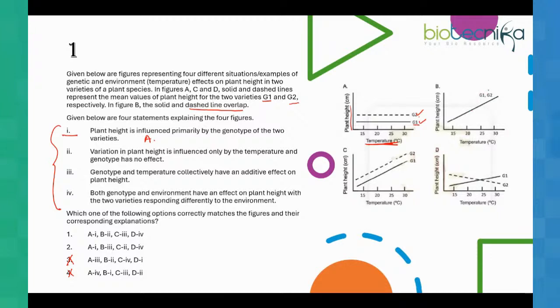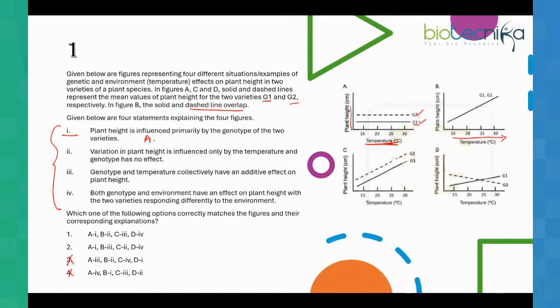G1 and G2 are different genotypes, but the graph is the same, meaning they are producing the same plant height. But the height is changing here, because it is not a straight flat line. There's an increase, a slope in the line, and this increase is according to temperature.